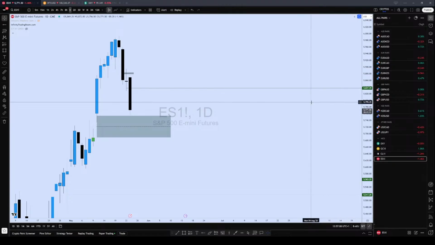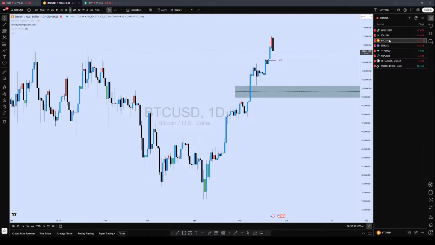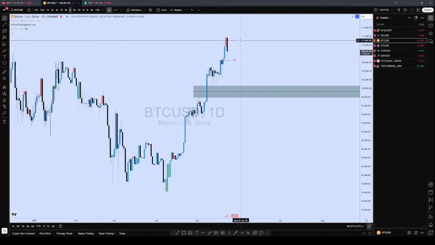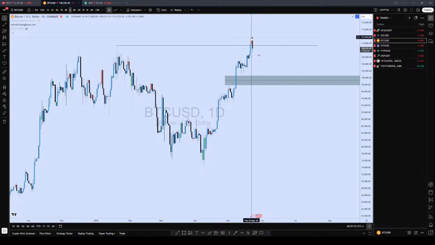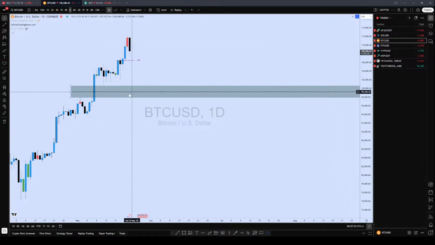Now, I've spent a lot of time trying to educate you today, so I'm gonna be very, very quick with the crypto market. We've made an all-time high again yesterday and we are rejecting. Now remember I said this gap, it's likely going to be traded to.